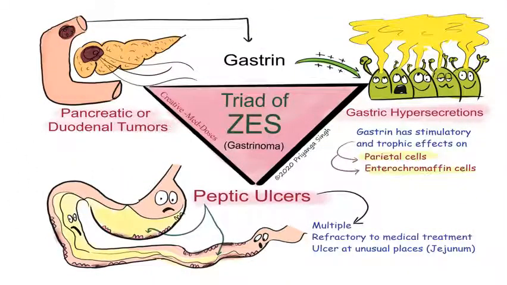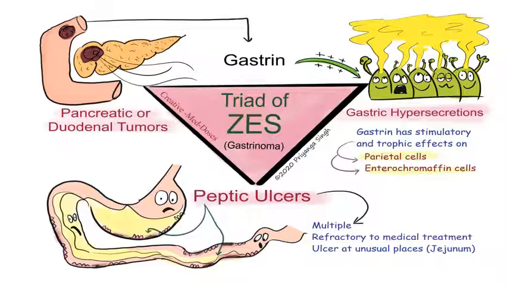So now this is a very cute diagram explaining how Zollinger-Ellison syndrome works. There's a triad of ZES, which I've taken from Creative Med Doses. So first, there is a pancreatic or duodenal tumor that releases gastrin, and this gastrin causes gastric hypersecretion.